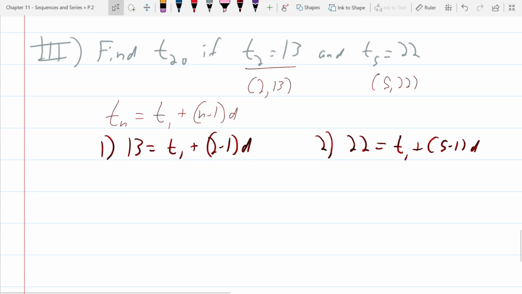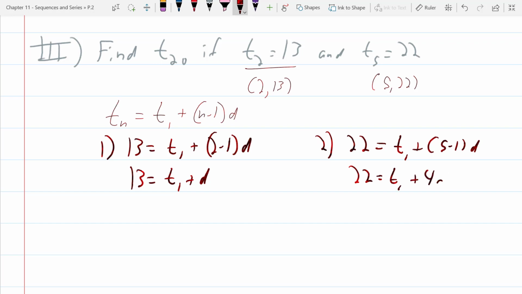Alright, let's simplify both these equations. 13 is equal to T of 1 plus d, and 22 is equal to T of 1 plus 4d.